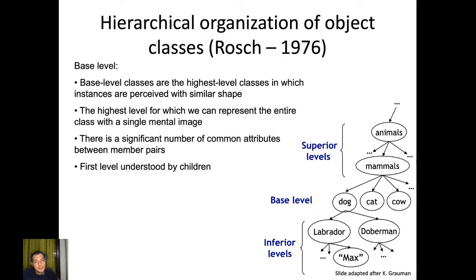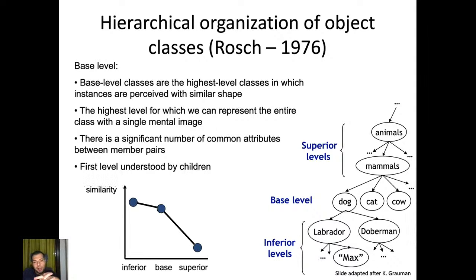This is usually the first level also understood by children. Of course the similarity between inferior classes is larger, but it is not increasing at the same rate as from superior classes.